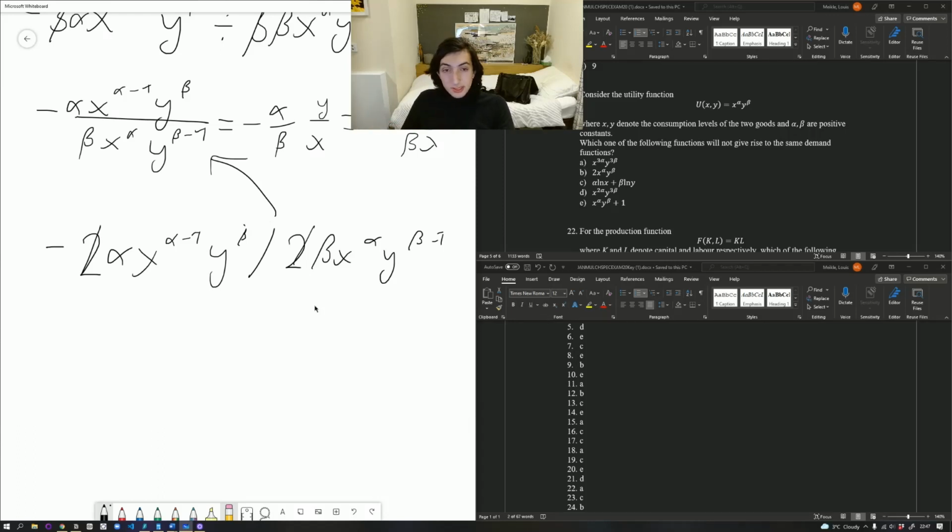Okay, doing the same thing with C. If you can remember, deriving ln of x, you get 1 over x. So you end up with alpha. Again, it's a little easier to think about it like ln.